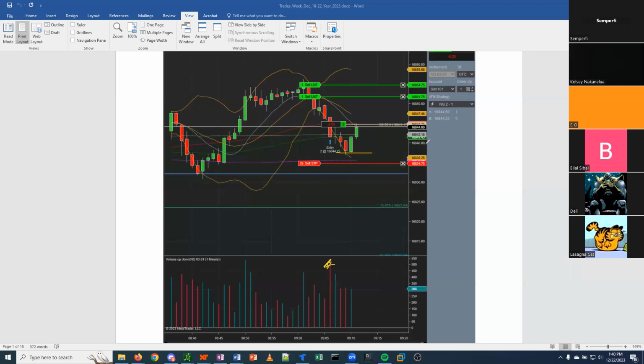Well, Dell has a different fair value gap strategy. So his is like get in when it hits that level or at midpoint. But for Kelsey and Luna, you want to hit that level, hold that level, hard open close. Remember, hard open close is close above that level, open above that level.